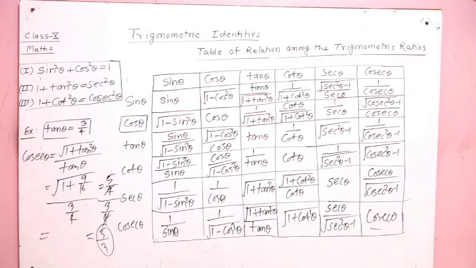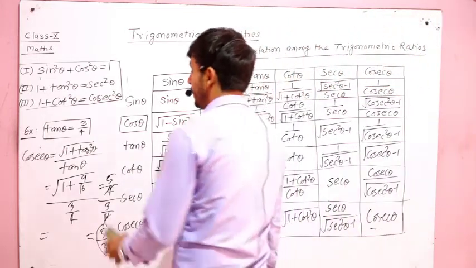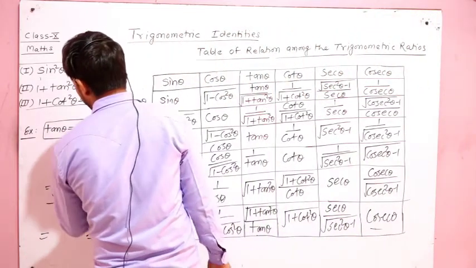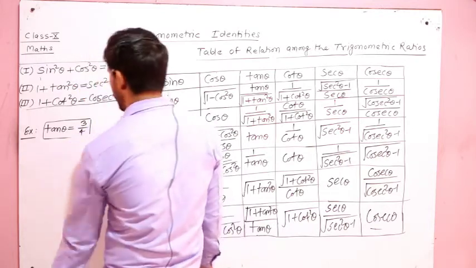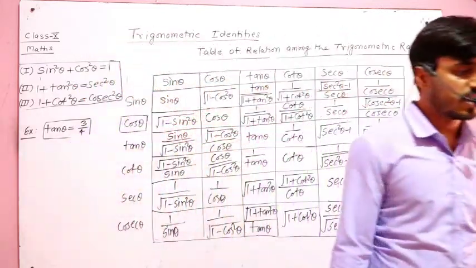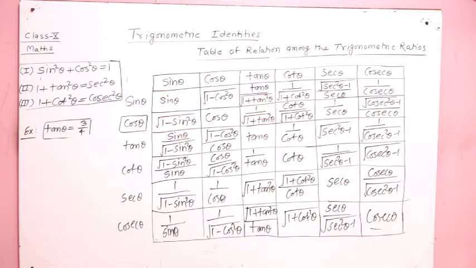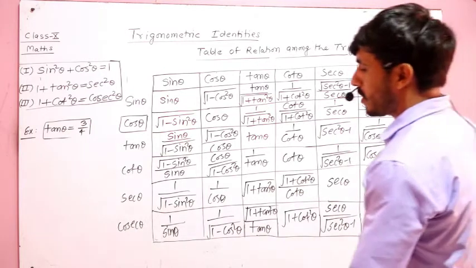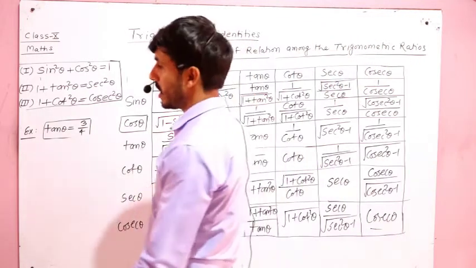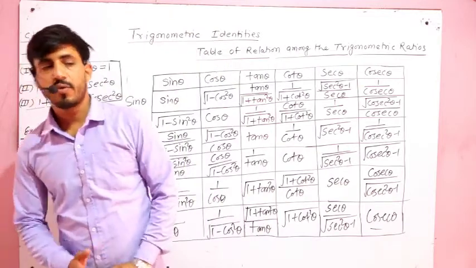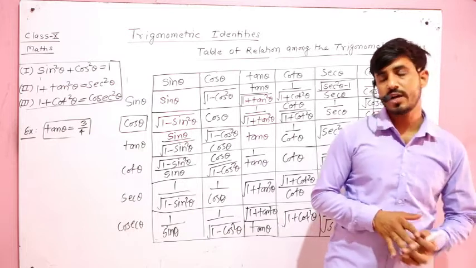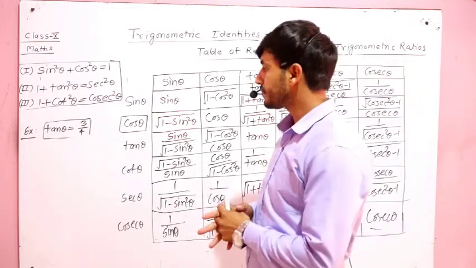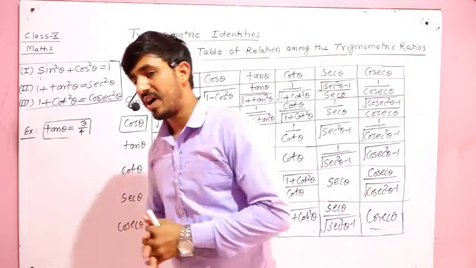Today we have studied the relation of any trigonometric ratio in terms of other trigonometric ratios, and we have learned the importance of this table, as you can directly use the given formula in terms of other trigonometric ratios, so that it is very easy to solve the given part.